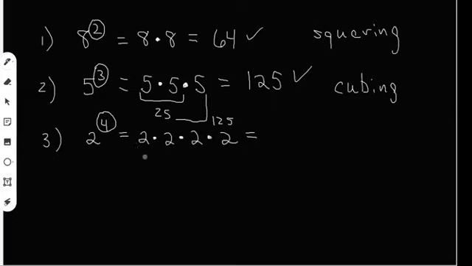I know that these 2s are going to give me 4, and I know that these 2s are also going to give me 4, right? So I pair them up. I get 4 times 4, and 4 times 4 is 16. So that's going to be my answer, 16. So that's how you do exponents. And I start with that because you're going to need it for the problems that we're about to do.